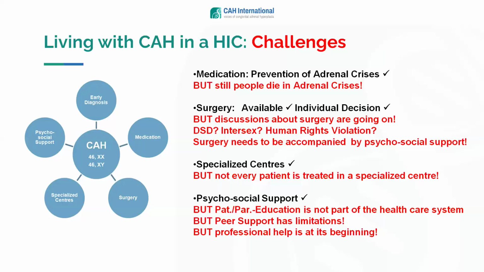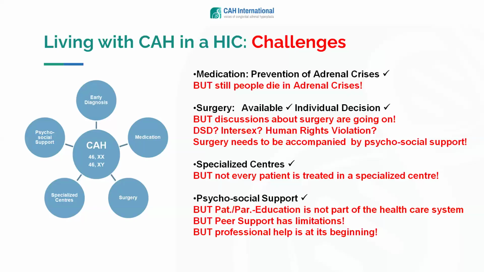So she was on too much fludrocortisone, and she went to a specialized center, and now it helps. But we do not know, maybe not everybody is treated in specialized centers.